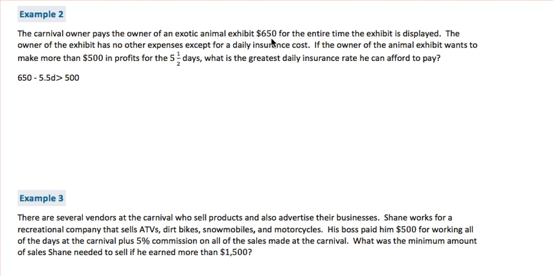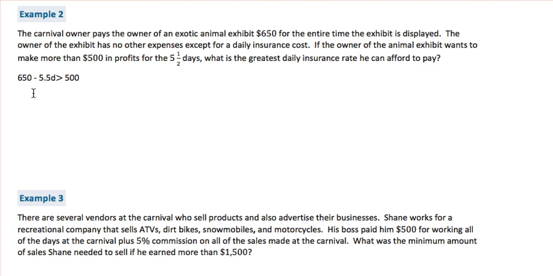Again, the entire amount that he's being paid minus the insurance rate, which is 5.5 times the number of days, needs to be greater than 500 so he can have more than $500 in profits.